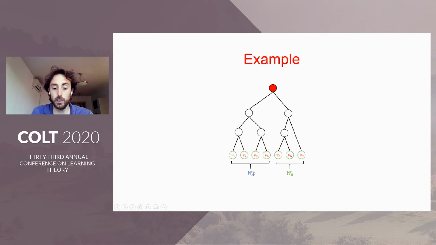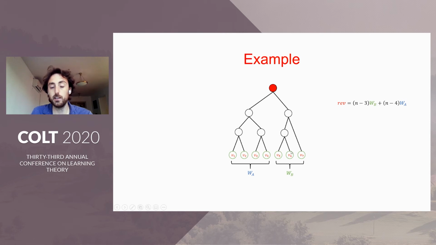And we denote by WA all the weights within the set A, and WB all the weights within the set B. Then we say that the revenue generated by this cut is this value, which is basically taking the weights within B times the size of A, which in this case is n-3 because there are only 3 leaves in B, plus the corresponding value, which is WA times the number of nodes in B, which is n-4 in this case.